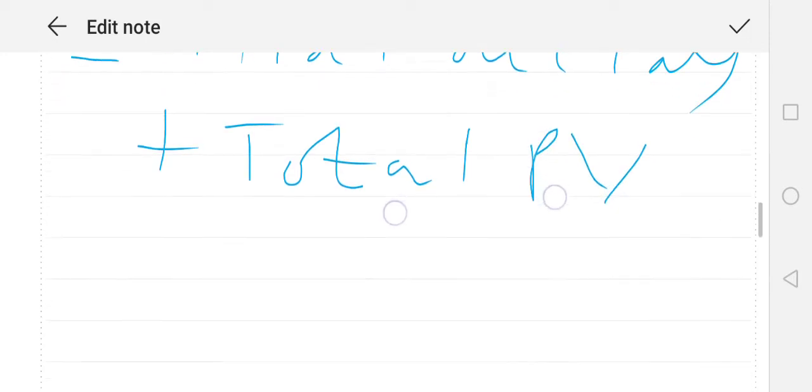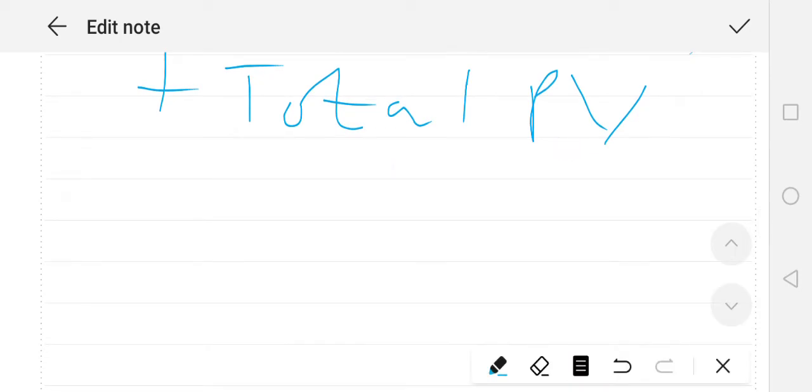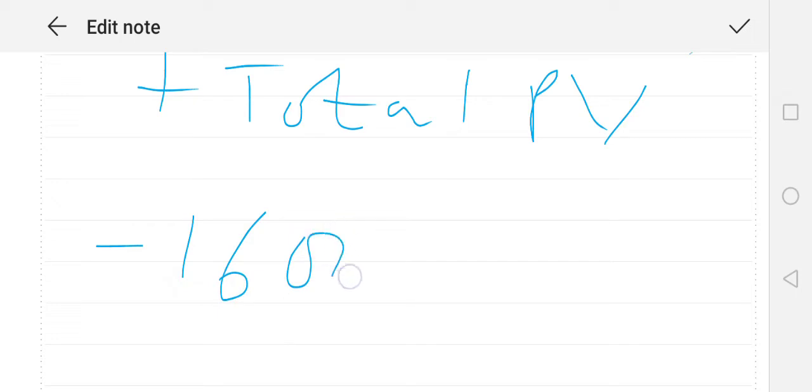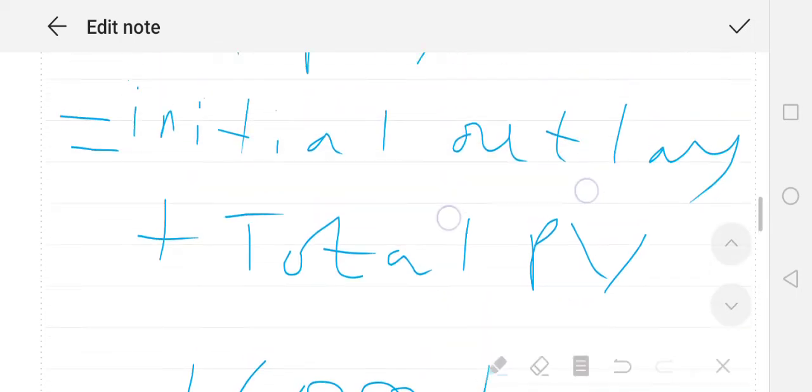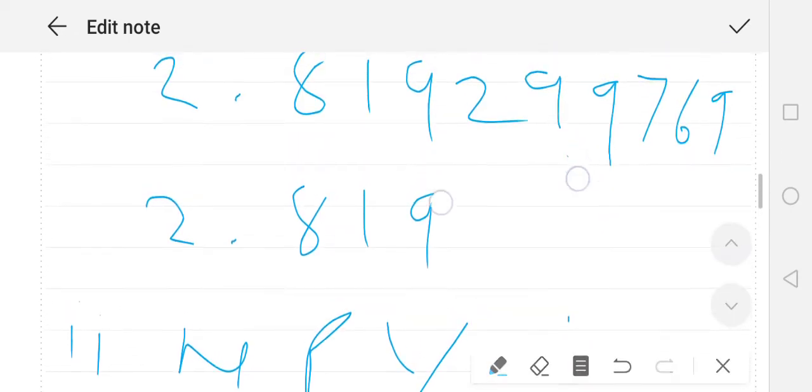In this case, our initial outlay is negative 16,000. We add our total present value.